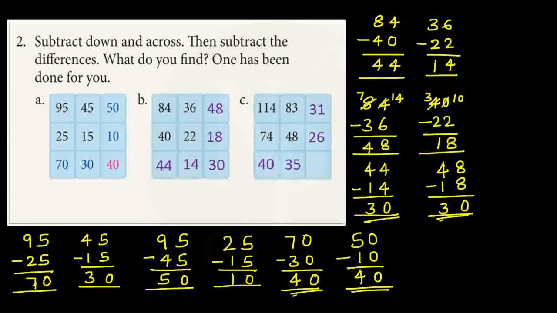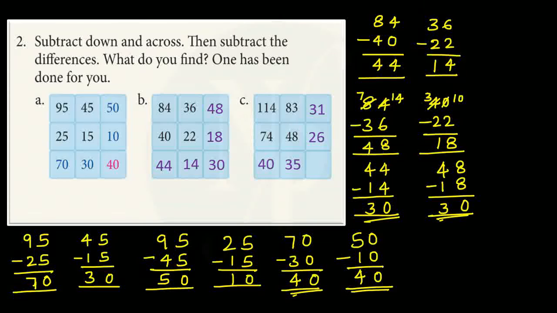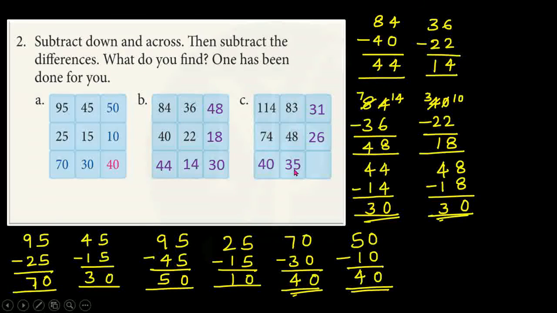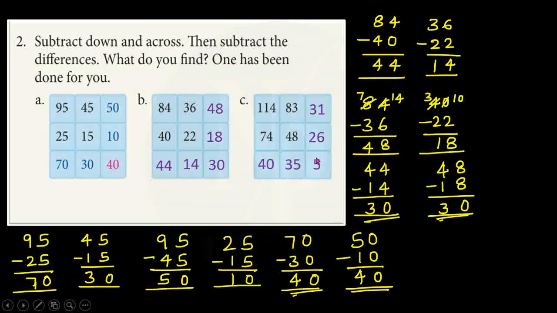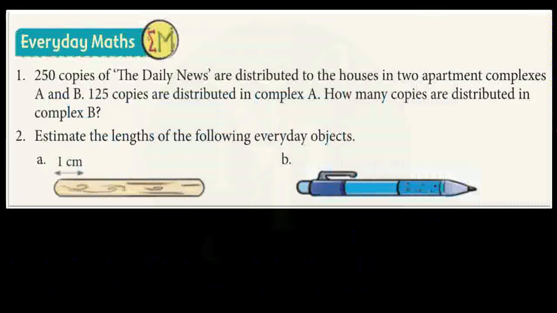Now subtracting the differences you obtain, that is subtracting 35 from 40 you get 5, and on subtracting 26 from 31 also you get 5. So I have given the answers. You verify these answers. Now let us move to the next question.